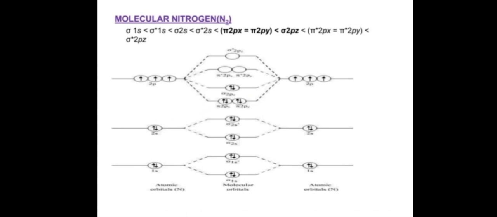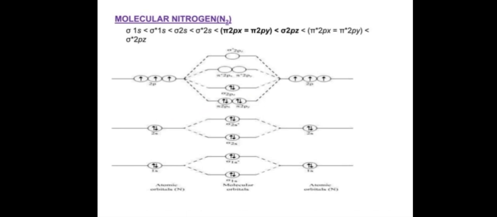And let us look at the very important configuration order. In order to fill the electrons, the energy levels are different for different molecules. From hydrogen to nitrogen, the molecular orbital configuration follows one specific order, and after nitrogen, that is from oxygen to neon, it will follow another specific order.